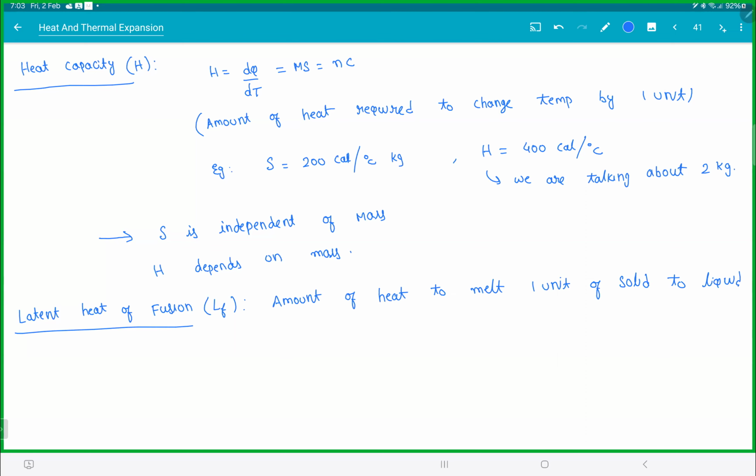So dQ would be m into LF. Example, latent heat of fusion of ice is 80 calorie per gram. So to melt 1 gram of ice, you need 80 calories.